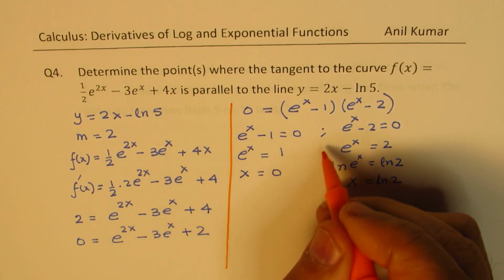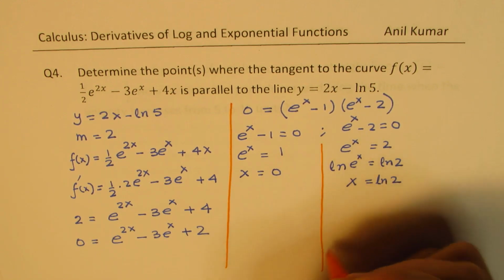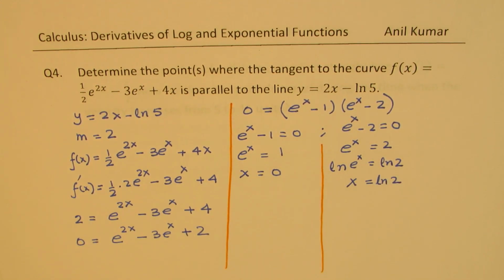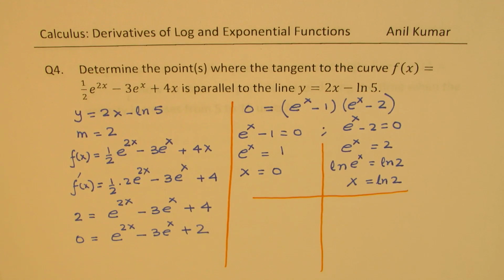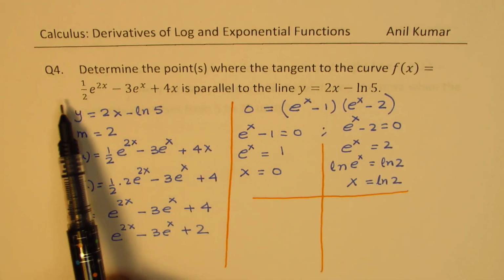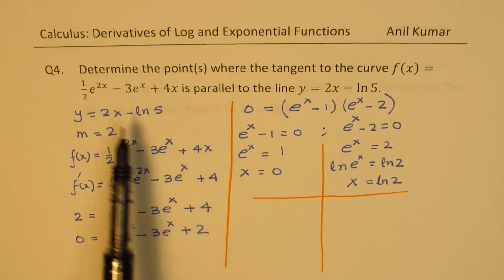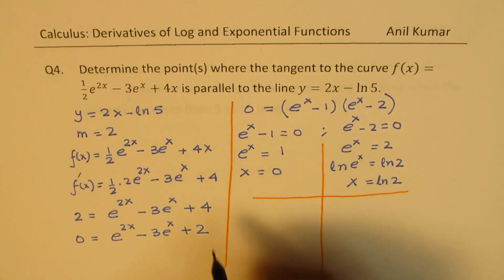Now we need to find the points. Therefore, we'll move further and find the y value for the given x values, correct? So the expression here is f of x equals all this. So in this expression, if I substitute 0, what do I get?